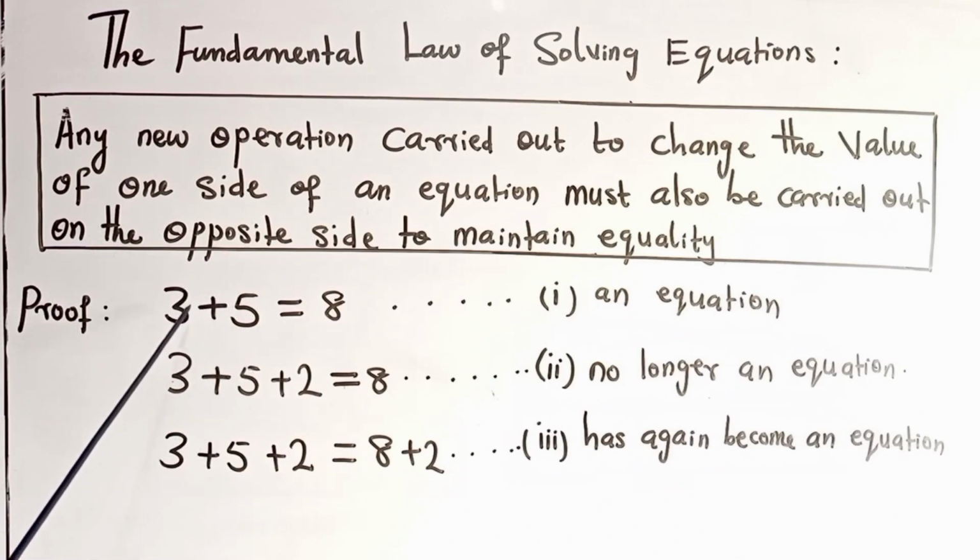What I have on the board is 3 plus 5 is equal to 8. Of course, this is an equation. Why do we refer to 3 plus 5 is equal to 8 as an equation? It is because I defined equation before as any statement that consists of a mathematical operation and a result. 3 plus 5 is a mathematical operation, and it gives us the result right away with this equality sign.